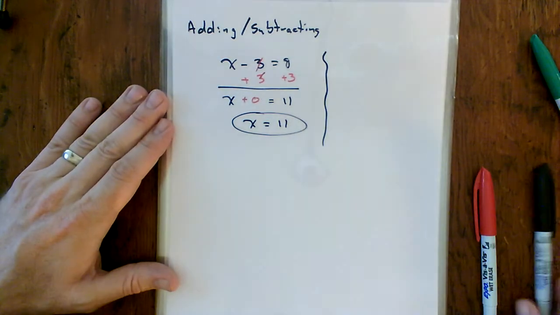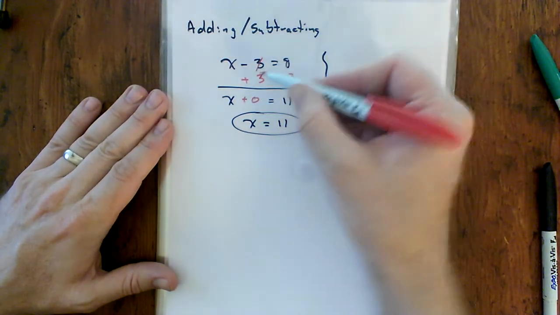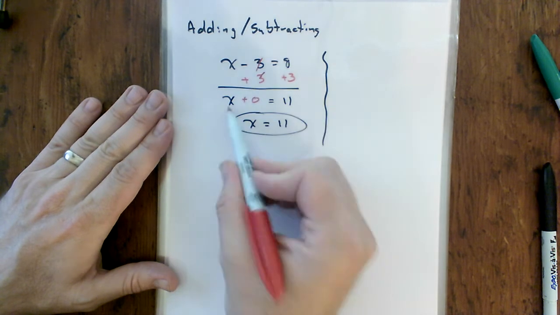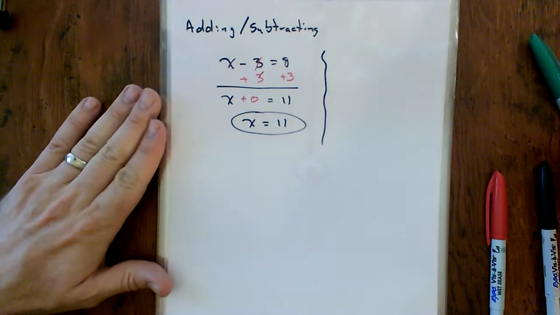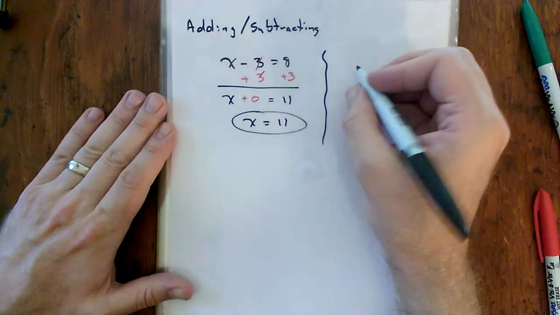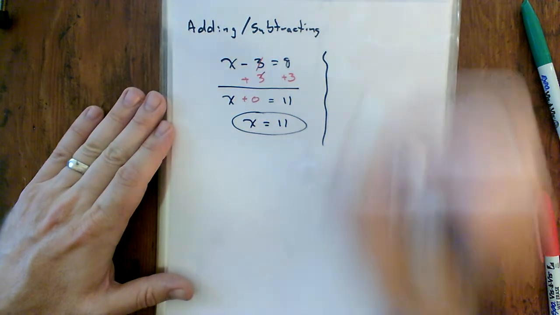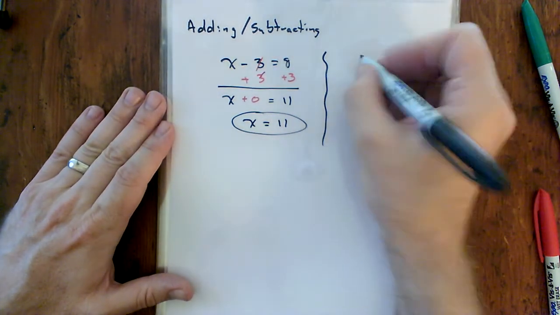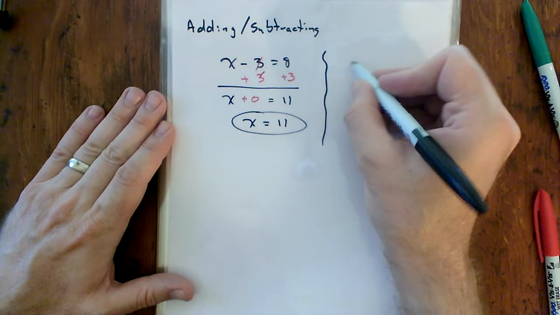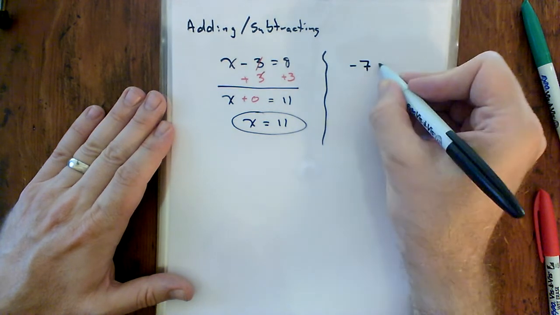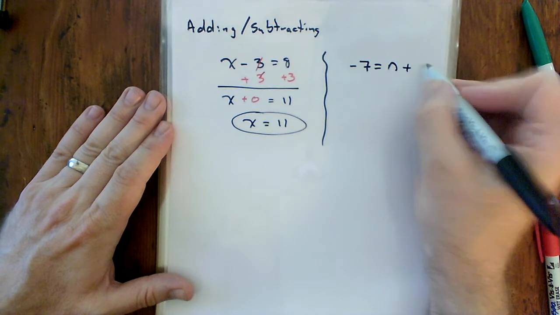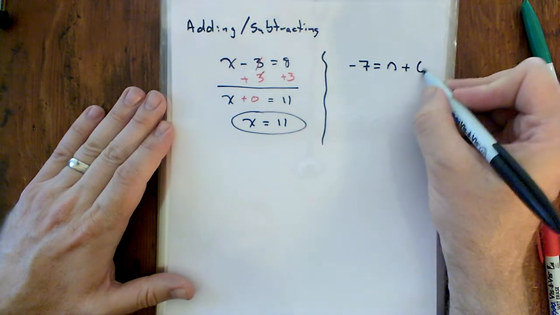It doesn't have to be just addition. What we're doing here is we're adding to isolate that variable. So we could do the same thing with any type of equation. Say I had something like -7 is equal to n plus 6.